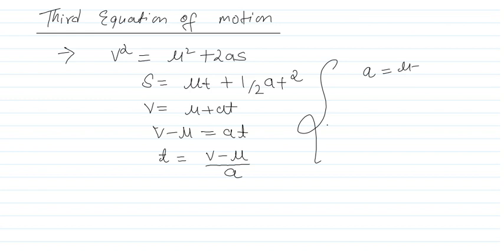From acceleration, we know that acceleration is change in velocity upon time, and from here we can write this expression as t equal to v minus u upon a. We just interchange the position of a and t, so we get t equal to v minus u upon a.